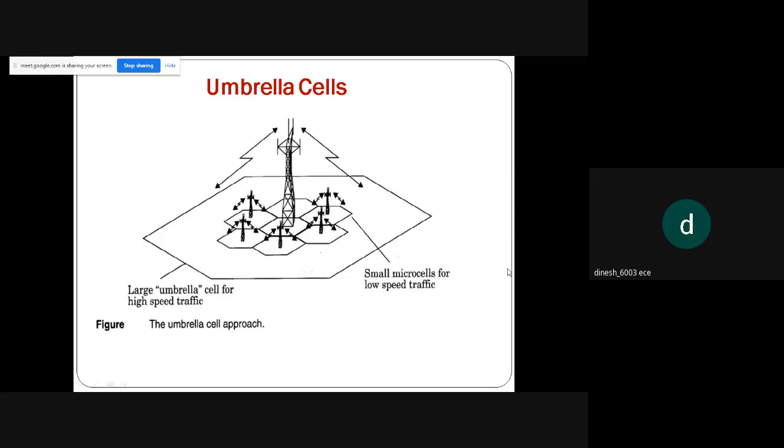Umbrella concept: larger base station antenna and smaller base station antenna inside a cell.